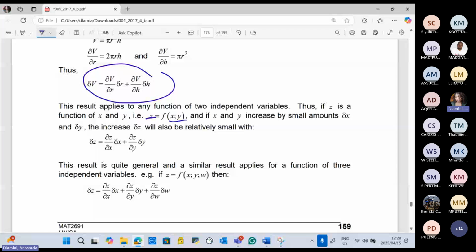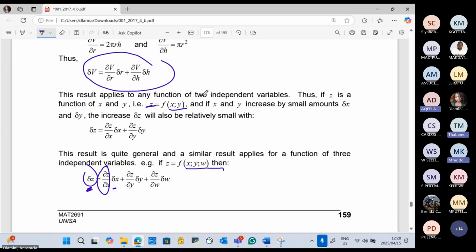Then the small change in a function of X, Y, Z is the partial of Z with respect to X times the small change in X, plus the partial derivative of Z with respect to Y times the small change in Y, and the partial derivative of Z with respect to W times the small change in W, just to calculate the change. Are we all together? Yes, ma'am.